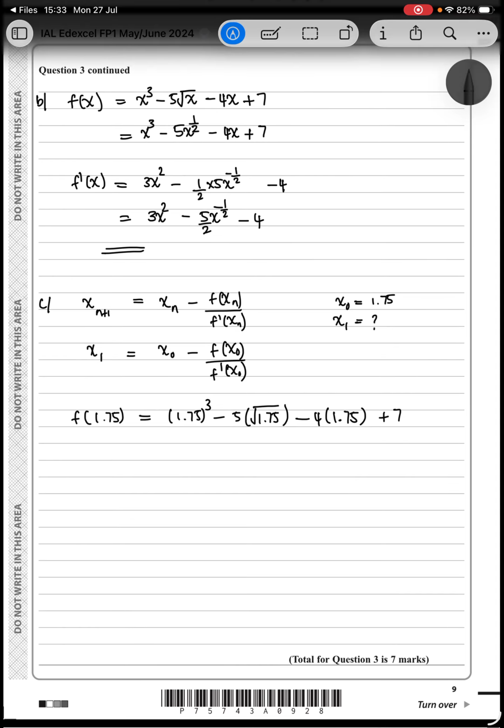Let me put that in the calculator. 1.75 cubed minus 5 times the square root of 1.75 minus 4 times 1.75 plus 7. That is going to be minus 1.255.